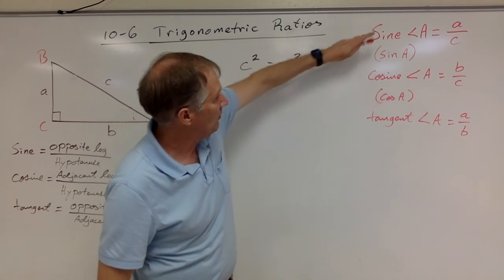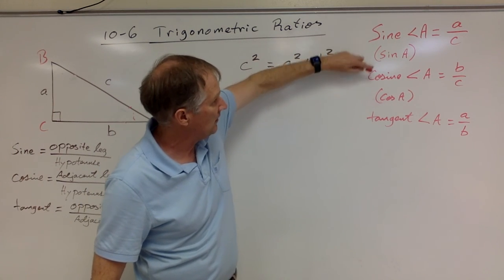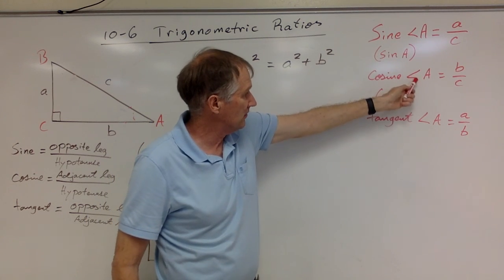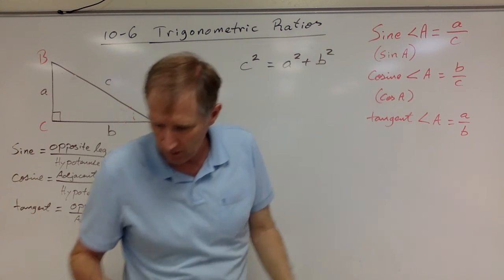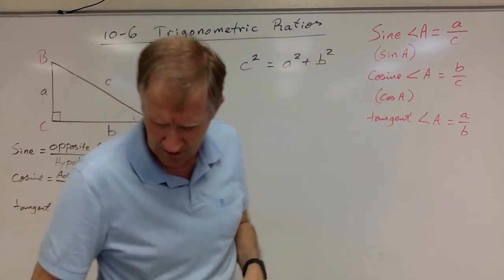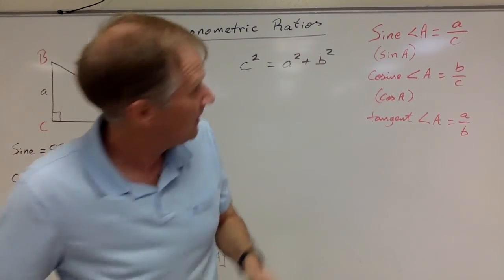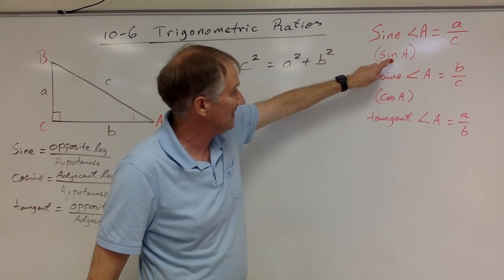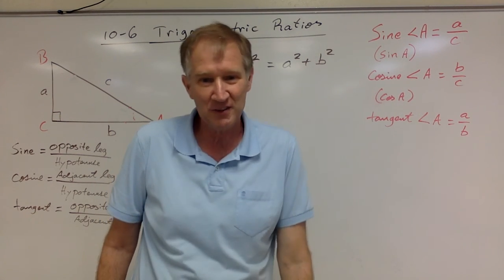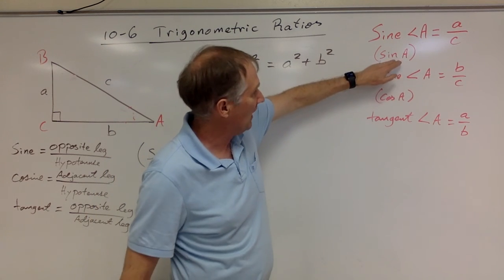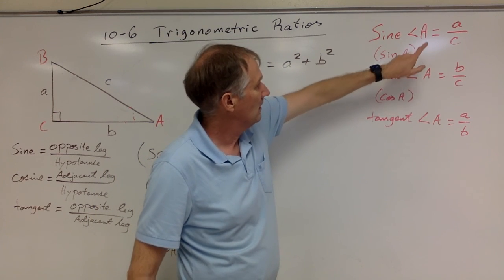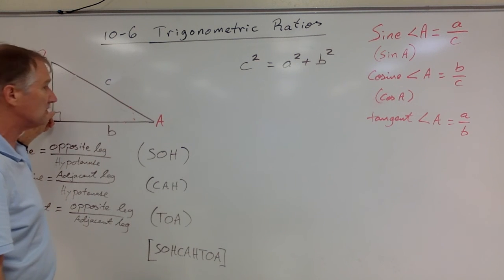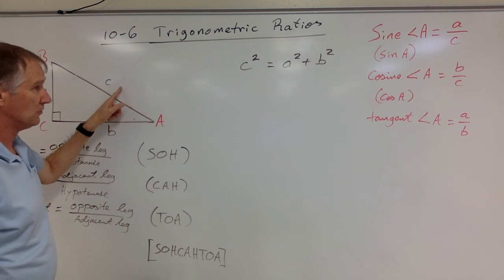So here's the Pythagorean theorem. I want to talk about this: sine, cosine, and tangent. And I'm going to look specifically at angle. This is the angle symbol. By the way, I'm on page 656. That's the angle symbol. So the sine, which is abbreviated sin without the E, is the sine of angle A. The sine of angle A is the ratio of the opposite side over the hypotenuse.